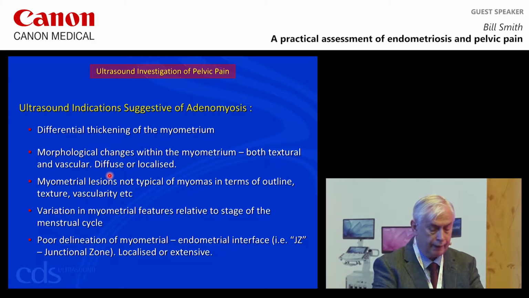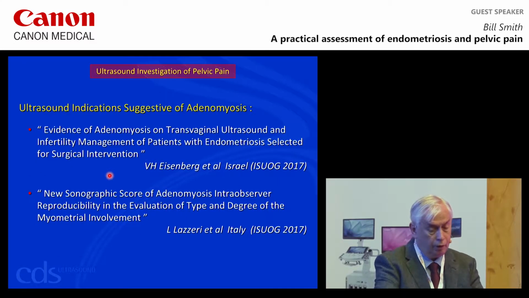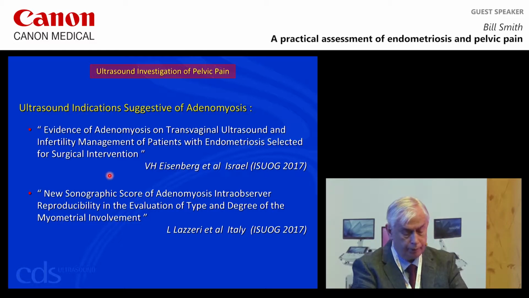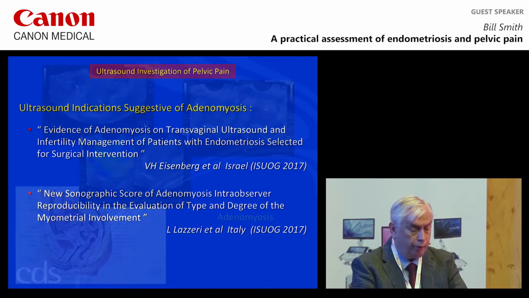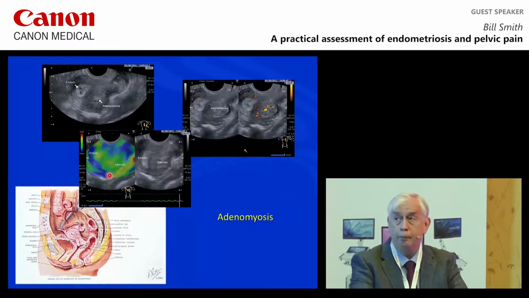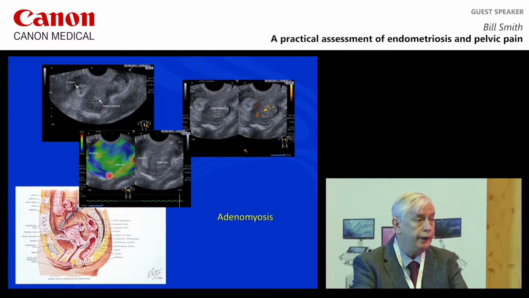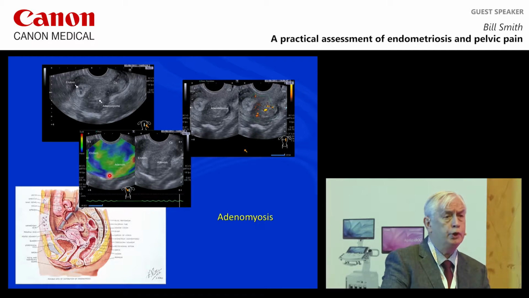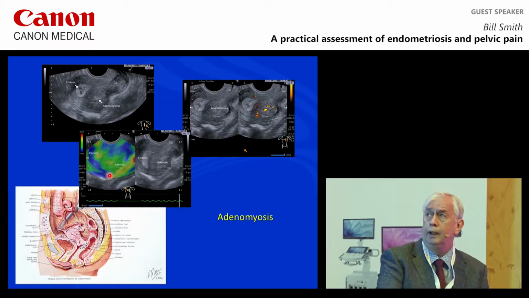And certainly that list would tie in with what was preached last year at ISUOG. There are obvious changes that occur. As we have differential thickening of the wall, we know we have poor delineation between endometrium and myometrium. We have poor endometrial responses in severe cases.